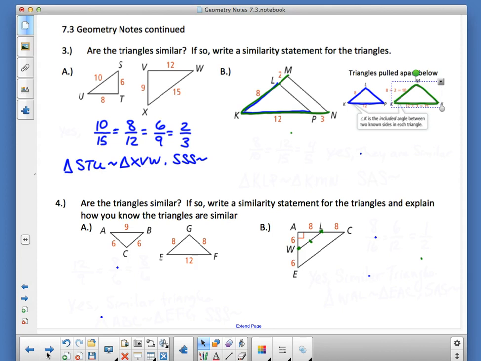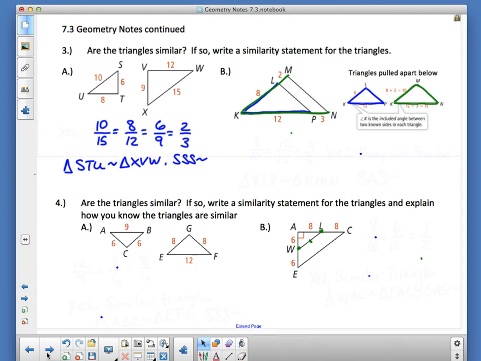The two sides make the angle, so I have them in there. But I got 8 to 10, that's 8 plus 2 is 10. I know it's still 10. Crazy, right? 12 plus 3 is 15, so it's 12 to 15. And that's where I'm getting my 12 to 15, my 8 to 10. That's how I'm doing my setup. Corresponding sides around the two angles that are congruent in the separate triangles.